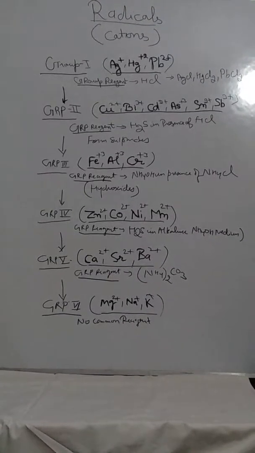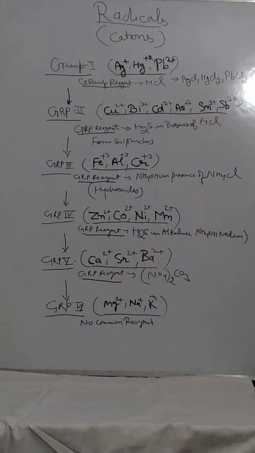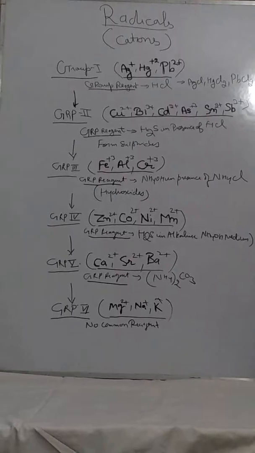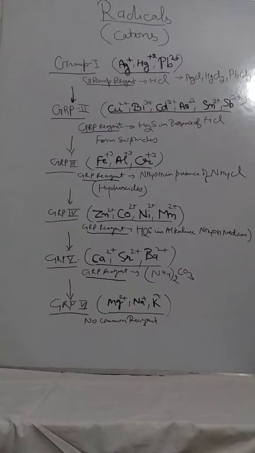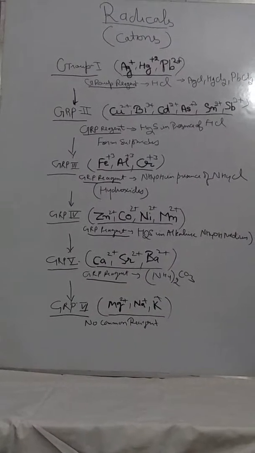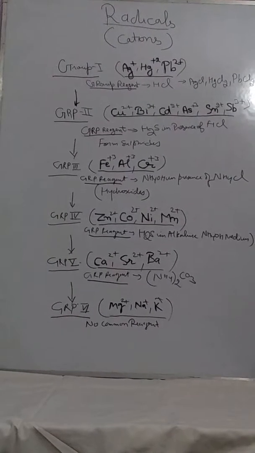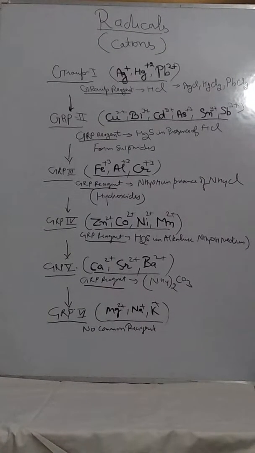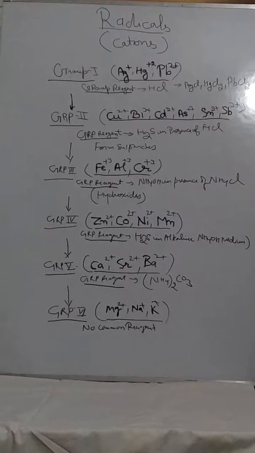Because HCl is more ionic, it will produce its H plus ions in a high concentration, and as a result the phenomenon of common ion effect will work. Due to the high concentration of H plus from HCl, H2S will not easily dissociate into H plus and sulfides, and as a result less sulfide is available, and the radicals of second group are very sensitive to sulfide. At this low concentration of sulfides also, they form their precipitates.